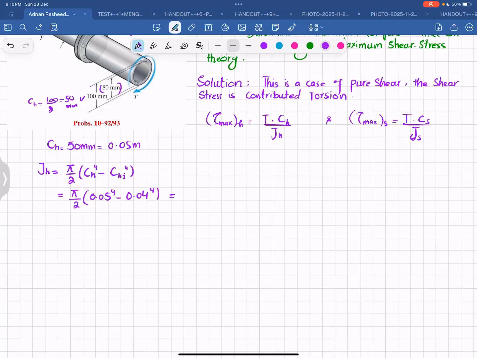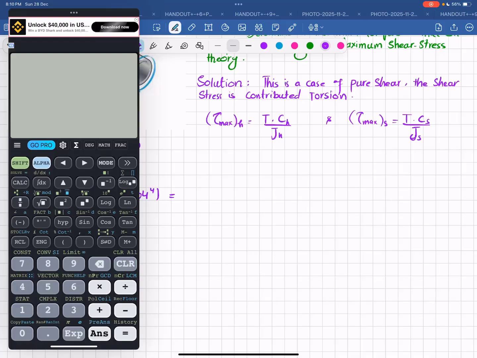I will calculate. So this will be equal to 0.05 to the power 4 minus 0.04 to the power 4, multiplied by pi and divided by 2, which will give you this value.